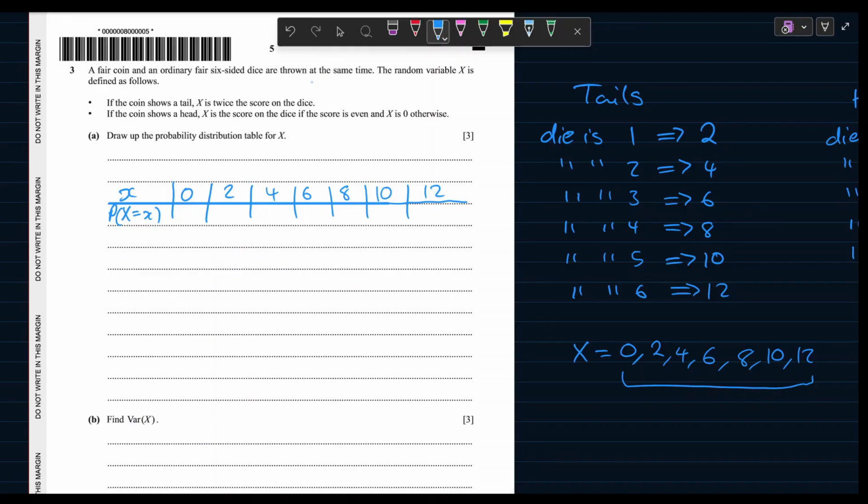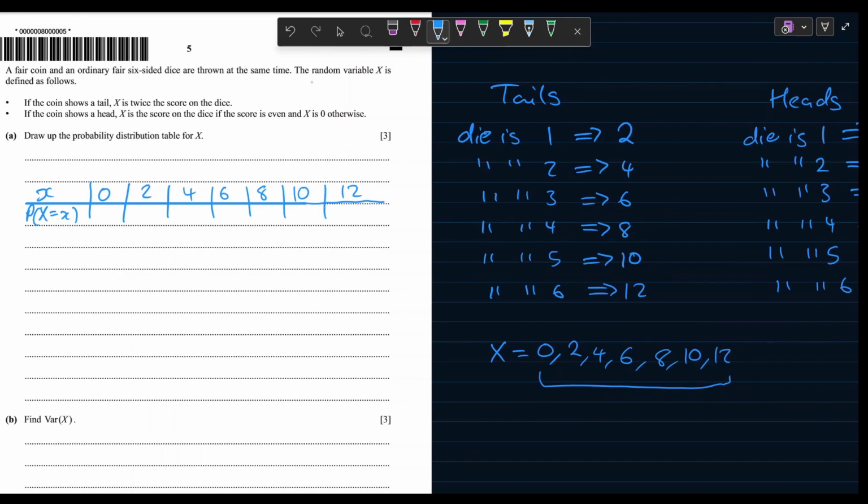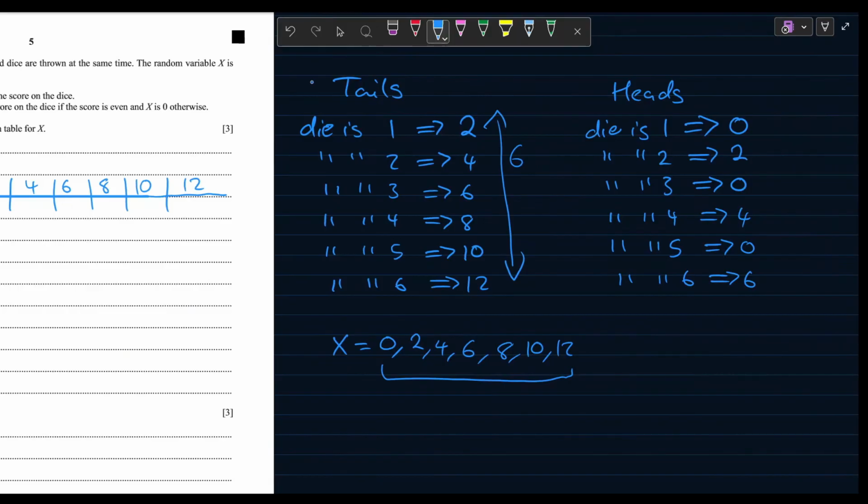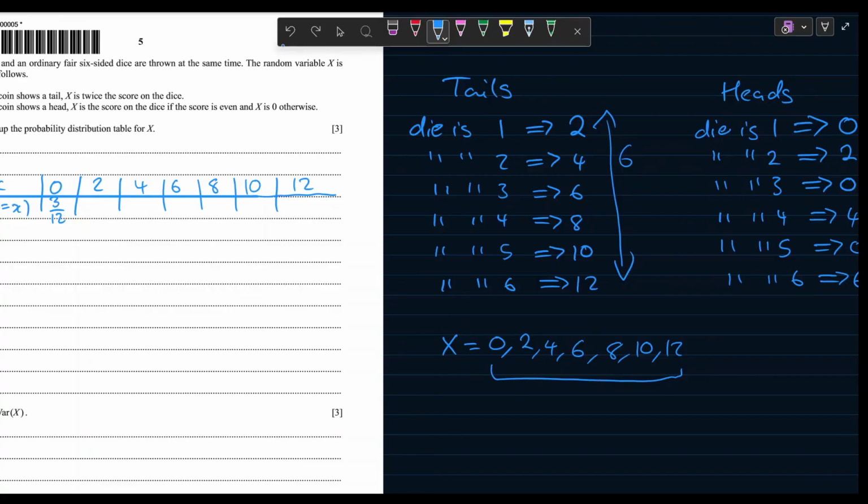Okay, what is the probability of getting a 0? Remember, we've got a total of 12 outcomes because from the tails here, we've got 6, and from the heads, we also have 6. So that's a total of 12. So how many zeros did we obtain from 12? 1, 2, 3 zeros. So 3 zeros.